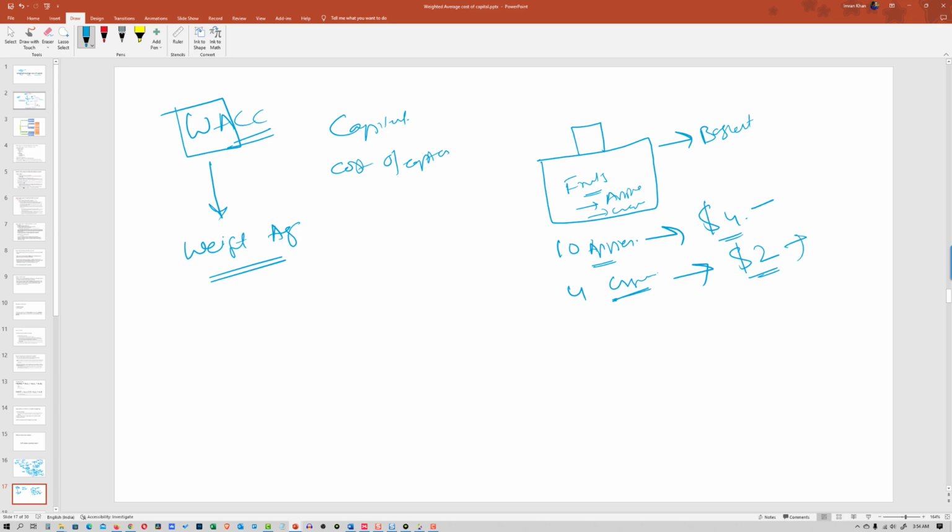I'm using the words cost of each apple, cost of each orange. Now, I'm going to ask you one simple question. I want you to compute and tell me what is the average cost of each fruit in my basket. What is the cost of each fruit in my basket? Please pause and compute it. For people who say the cost of each fruit in my basket is going to be $3, trust me, I'm banging my head on the wall.